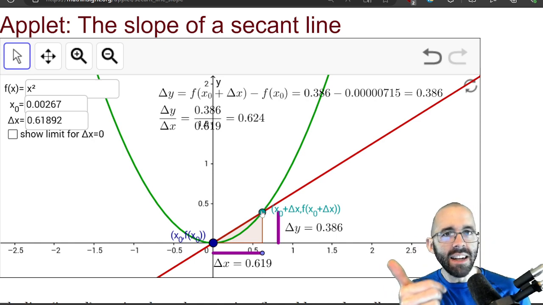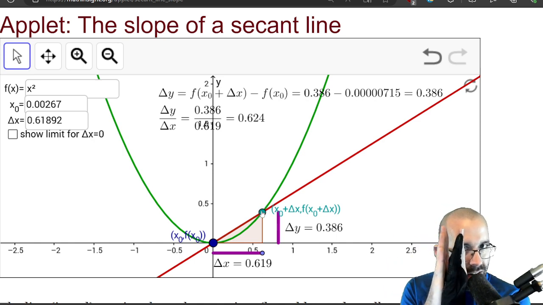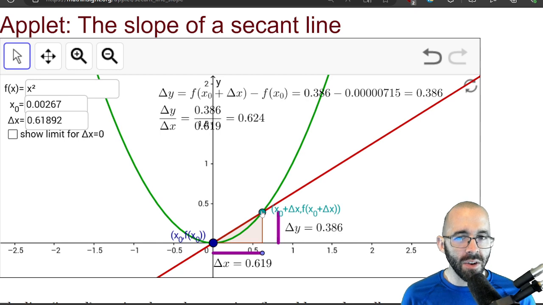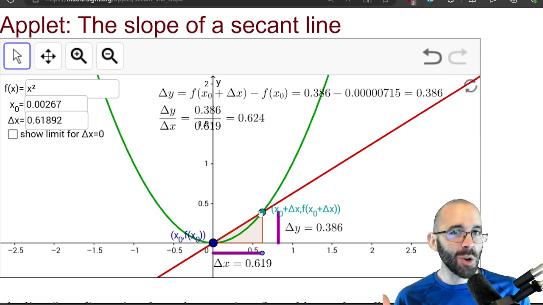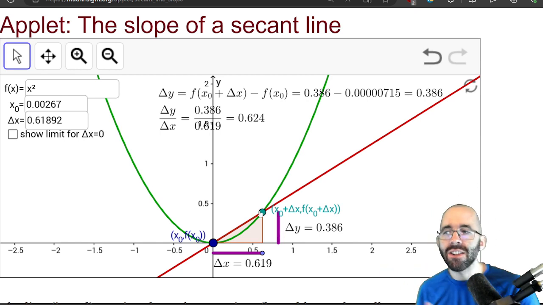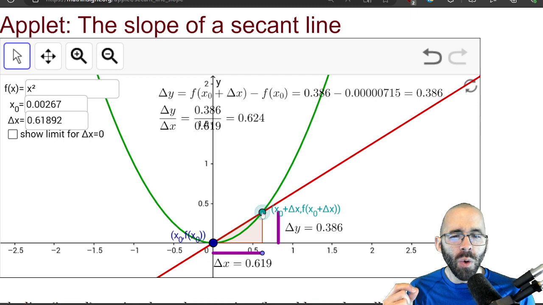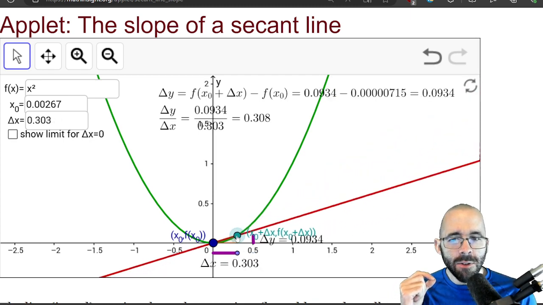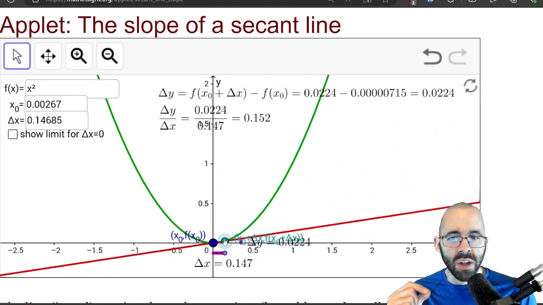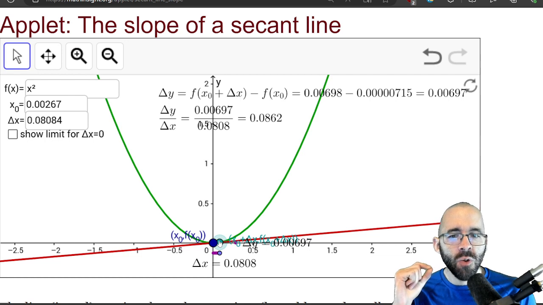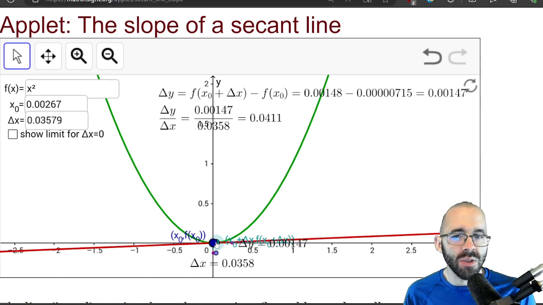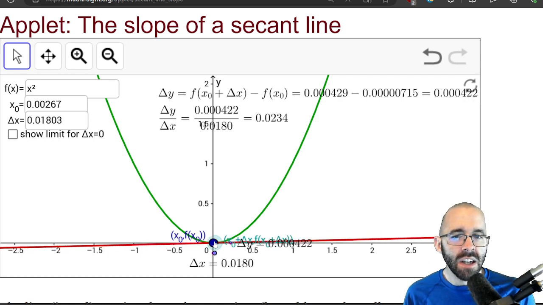Wait, what is instantaneous other than the average over a really small interval? So what we're really going to get into in this whole chapter, for finding instantaneous rates of change, instantaneous velocity, is we're really just going to say, well, what happens if these points get really, really close together?